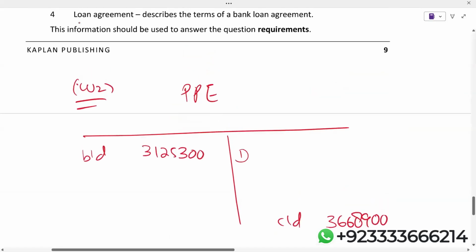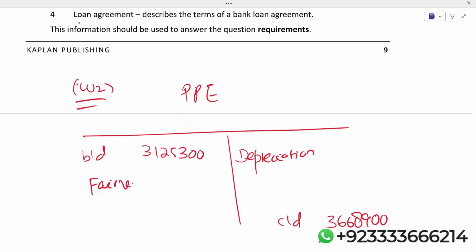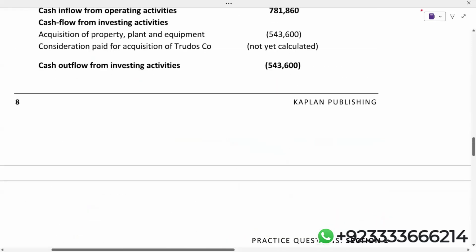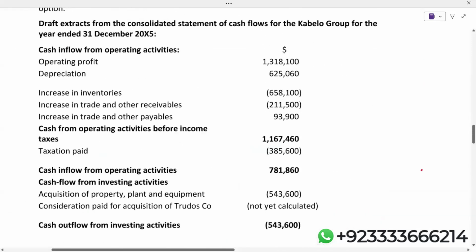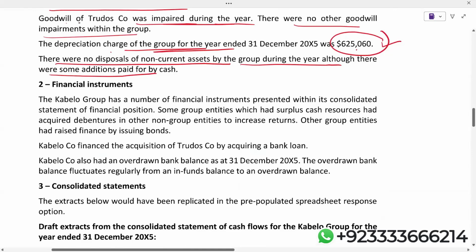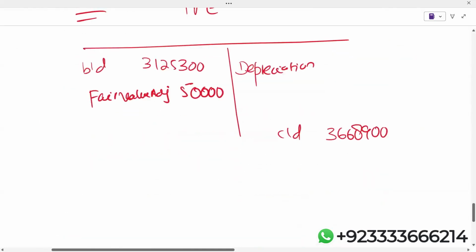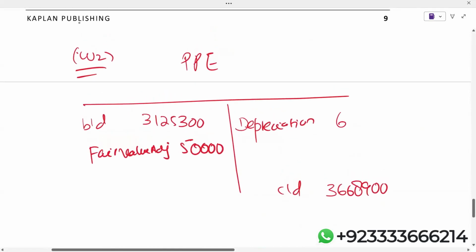Depreciation, I think they have given us, if I'm not wrong. There was one fair value adjustment as well. Let's see the group depreciation. Group depreciation is here: 6,25,060.